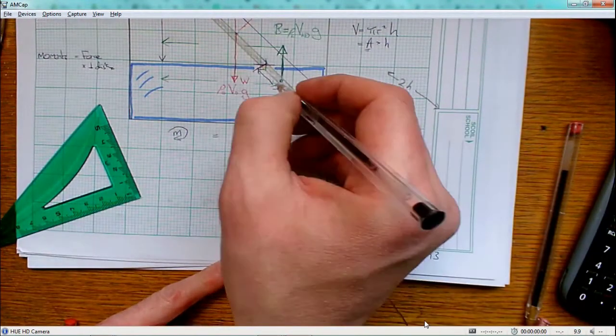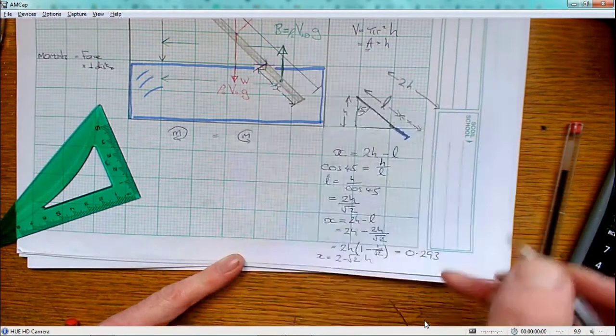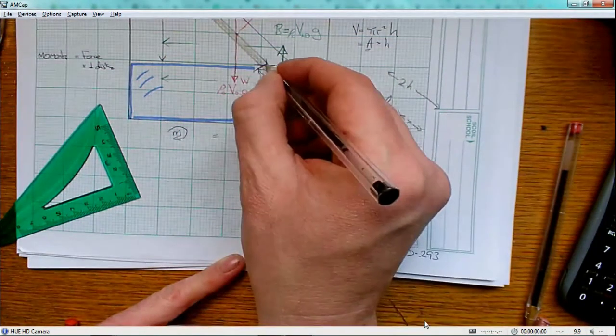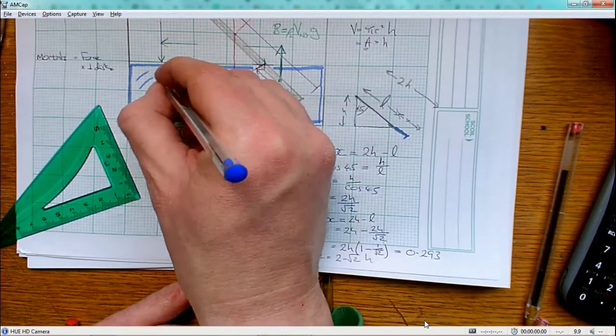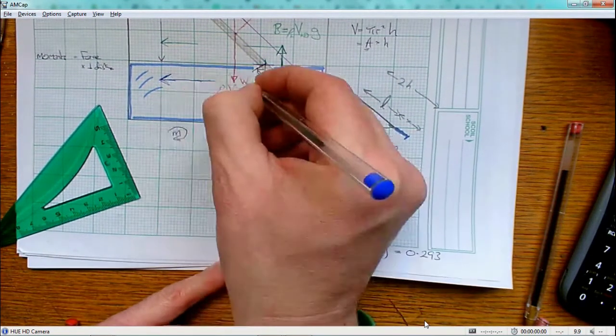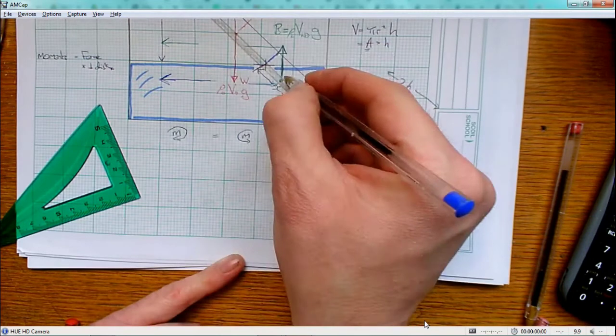The other one I want now is the distance from here to here. So this bit is x over, so this section here, I'm looking for this perpendicular distance in. So in truth I'm looking for the distance from here to here.